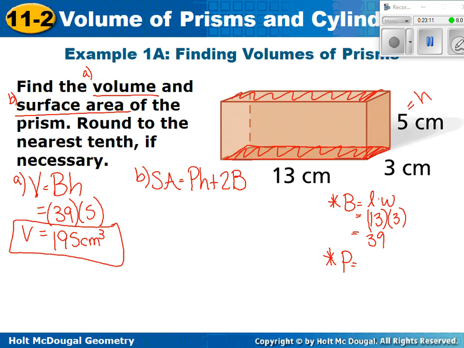Okay, so Gavin said we're going to have 13 plus 3. Don't forget the side over here is also 13, and the side over here is also 3. So he said 13 plus 3 plus 13 plus 3. We could also use the formula 2 base plus 2 height if you want, but that's totally fine to just add all the sides together. And what is 13 plus 3 plus 13 plus 3?